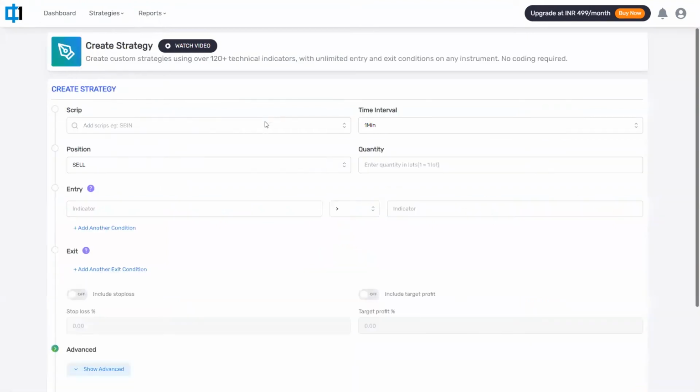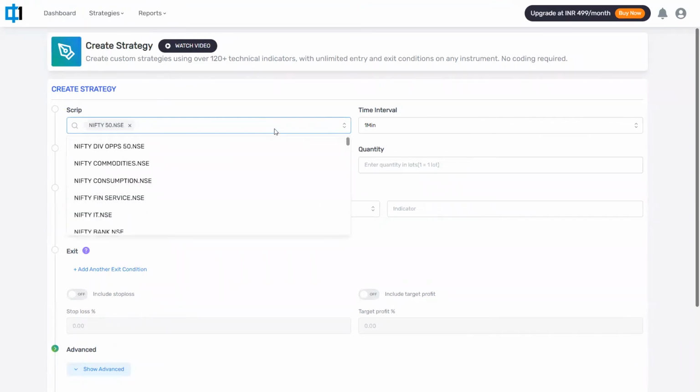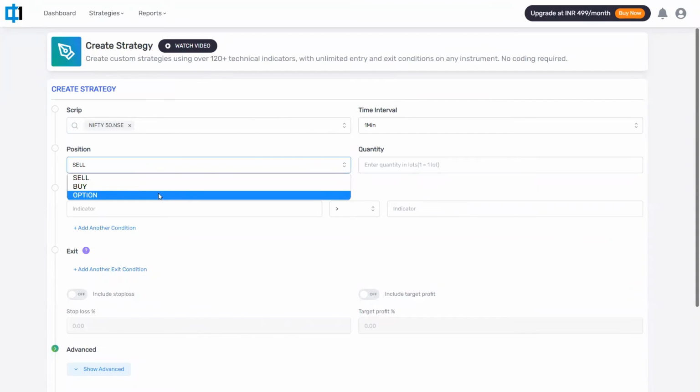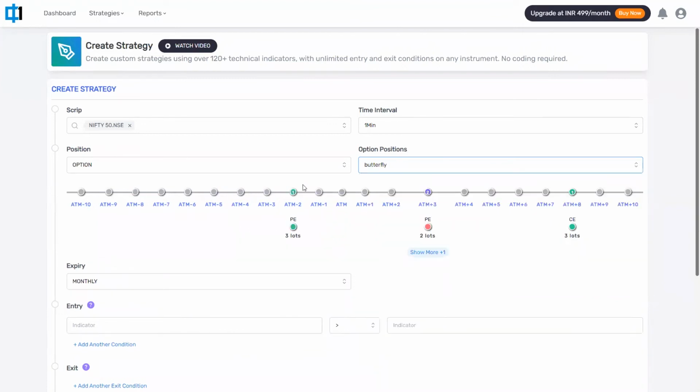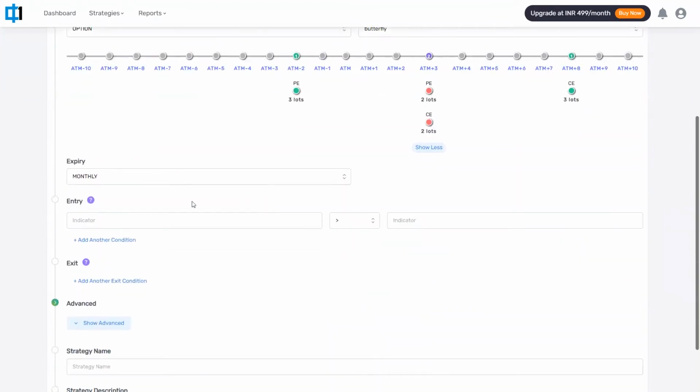One thing that I do want to mention is that if you select something like a Nifty or a Reliance on the create strategy page, not only do you have the ability to buy or sell, but you also can place option positions, right? So butterflies, bear call ladders, bull call ladders, and everything based on technical analysis.